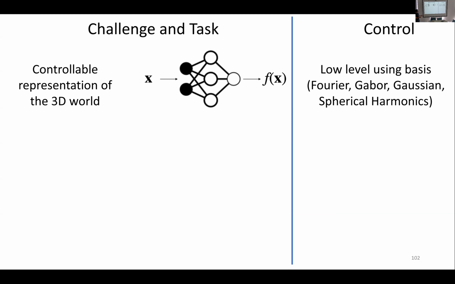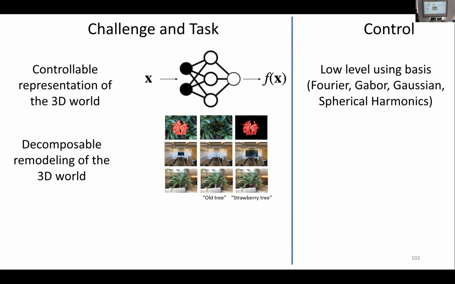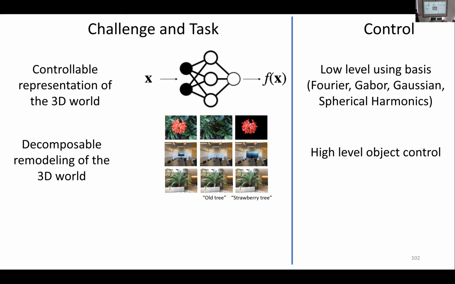The level of control that we have here is low-level signal control using a basis such as the Fourier, the Bohr, spherical harmonics, and so on. We talked about decomposable remodeling of the 3D world, and I showed how we can generate novel views in a compositional, decomposable manner, with high-level, object-level control of objects.